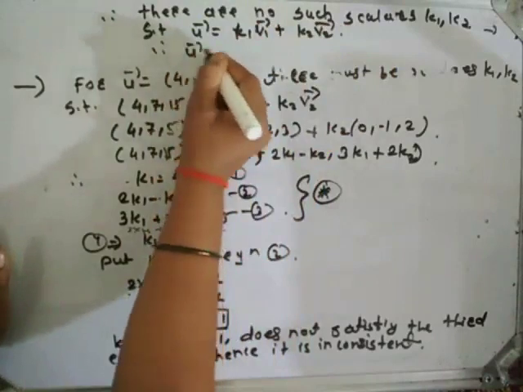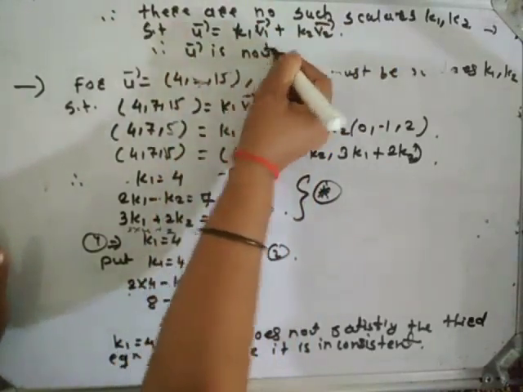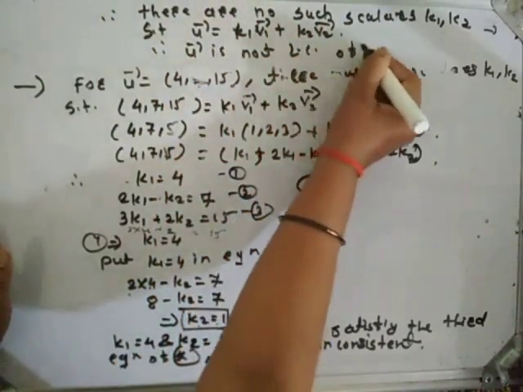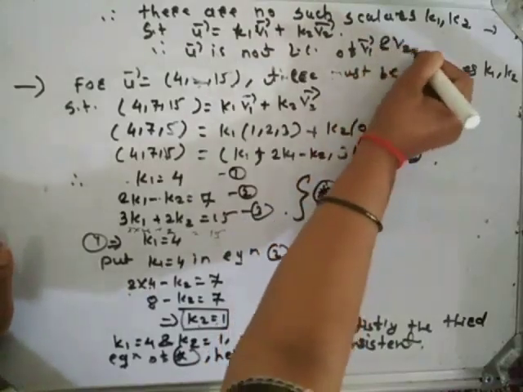Therefore u bar is not a linear combination of v1 bar and v2 bar.